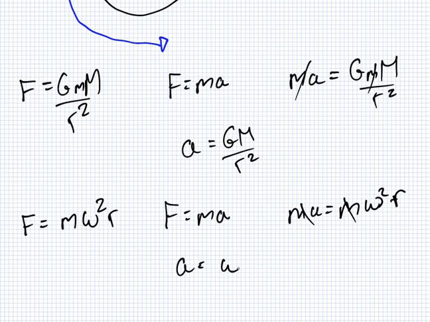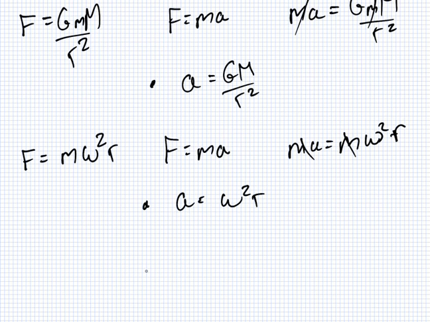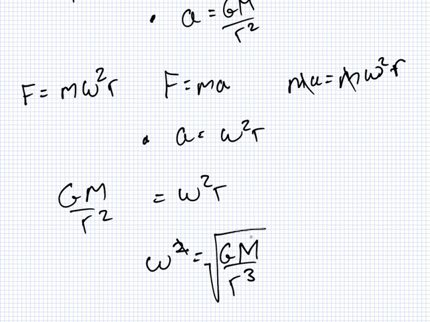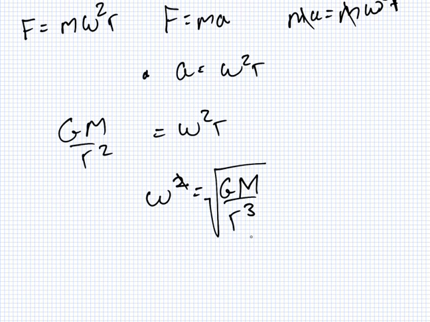So what you've done is you've found two formulas for a, and we can now equate these. So you get GM over R squared equals omega squared R. So you get omega squared equals GM over R cubed. So omega is square root GM over R cubed.